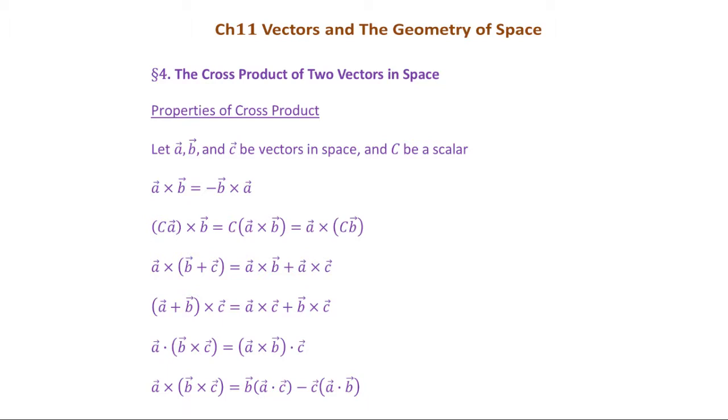Remember, a dot product gives you a scalar. So A dot C gives you a scalar, and you get B, which is a vector, times a scalar. So that's still a vector. And the minus vector C times A dot B, but A dot B again is a scalar, so you multiply that with C and you get a vector. So you have two vectors to subtract on the right hand side, which gives you another vector.